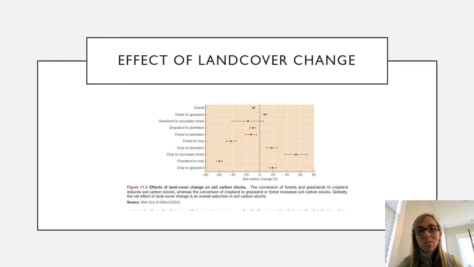So this figure shows the effect of conversion from one land use type to another. It looks at grasslands, forest, agriculture, and the relative impact of moving something from one land use to another and that change that we see in soil carbon specifically. What's so interesting about carbon in the soil is that it can vary both vertically and horizontally in the soil.